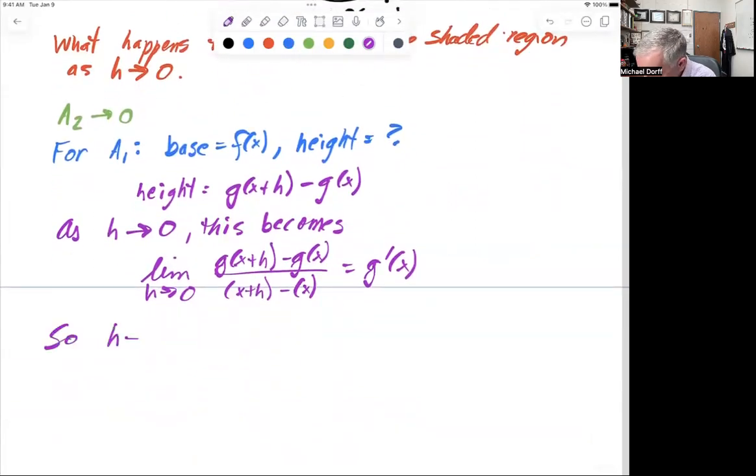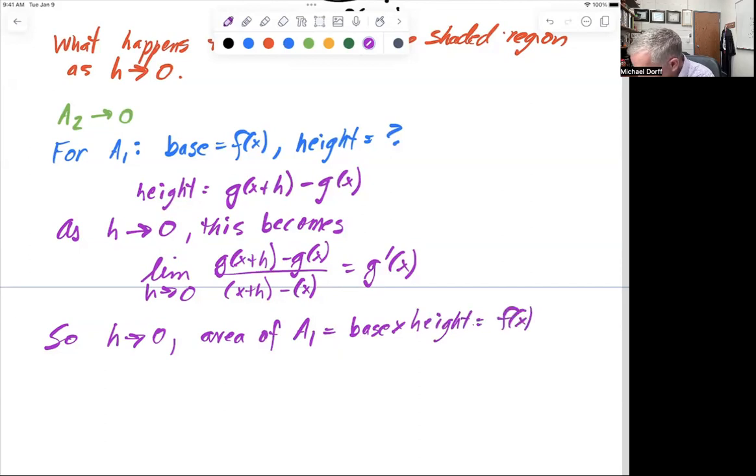So we can say as h goes to 0, the area of A1, which is the base times the height, is going to equal the base, which was f, times its height, which is g prime.